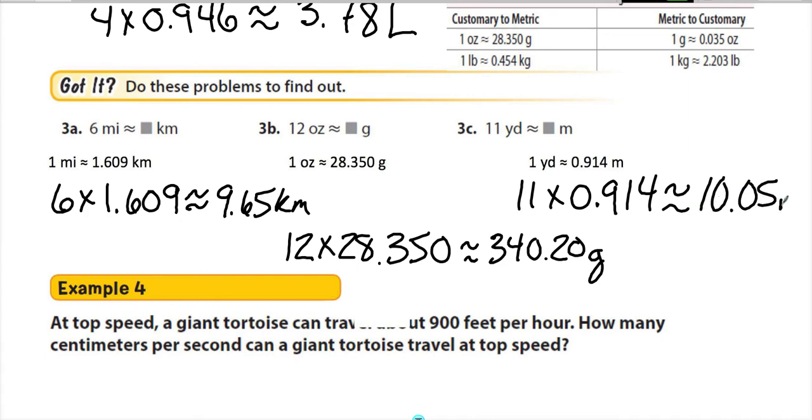In this case, that would be meters. And there we go. All right, go ahead and pause it if you need to catch up. Otherwise, we'll continue on with example number 4.